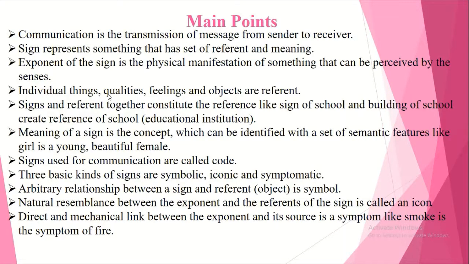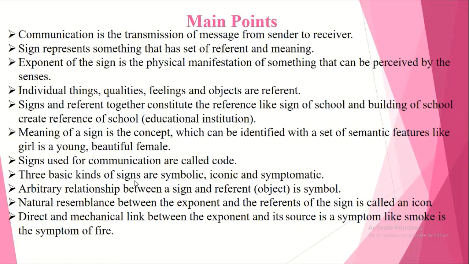Individual things, qualities, feelings, and objects are referents. Sign and referent together constitute reference, like the sign of school and the building of school create the reference of school as an educational institution. The meaning of a sign is the concept which can be identified with a set of semantic features, like girl is a young, beautiful female. Signs used for communication are called code.